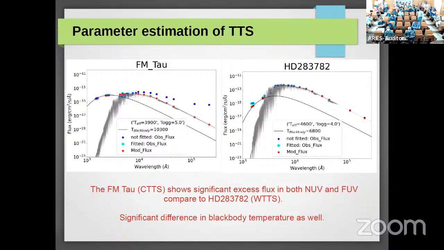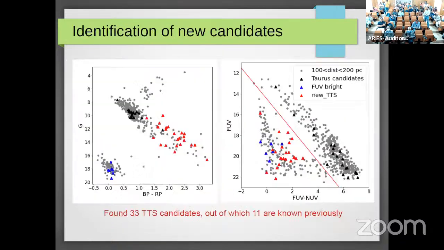I was curious about that white dwarf and T-Tauri overlap. Particularly, you showed some on the left-hand side. There are some blue points, right? Yeah, they are FUV bright. You're not calling them T-Tauri, you are removing them. Yeah.